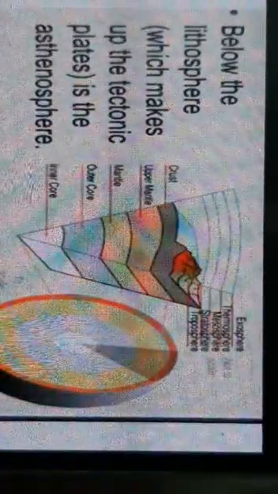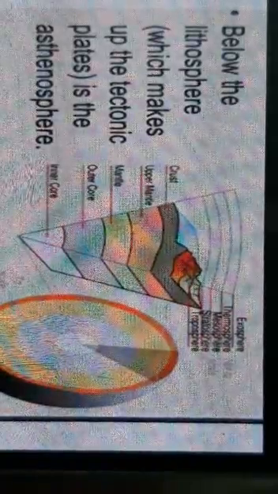Then what lies beneath the tectonic plates? Who makes them drift or move? Below the lithosphere, which makes up the tectonic plates, is the asthenosphere. Beneath it there are radioactive elements, and these generate convection cells, and the uprising causes the movement of the plates.